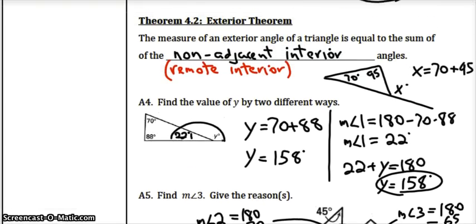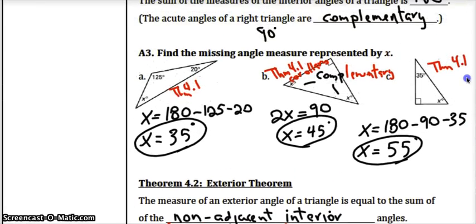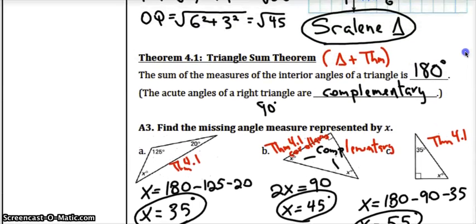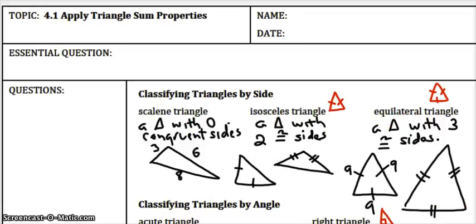So again, just to review here, revising, revisiting, taking a look at items here that have top billing. Now the next part here is circling our key terminology. Again, scalene, isosceles, equilateral.